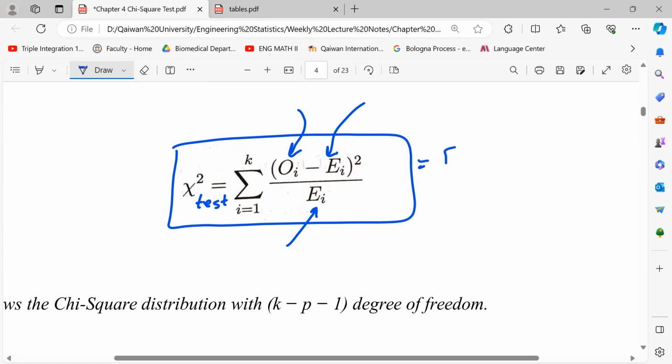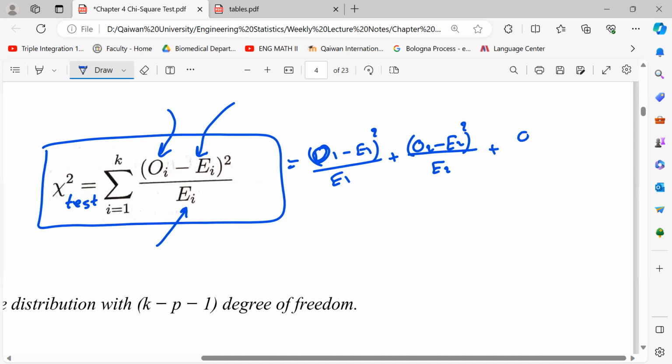It is O1 minus E1 squared over E1, plus O2 minus E2 squared over E2, plus O3 minus E3 squared over E3, and so on up to the number of outcomes. In throwing a dice, we have 6 possibilities.